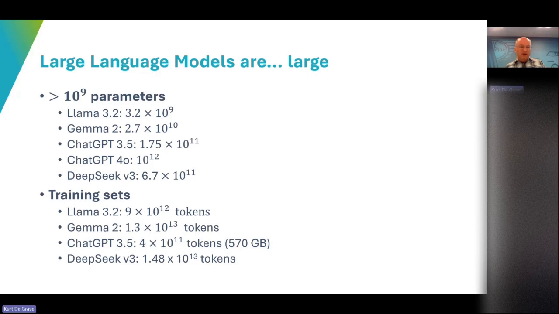Tokens, we'll see that later, of course, are about 3 characters in size. So that says something about the amount of text data that you need to train a state-of-the-art model.